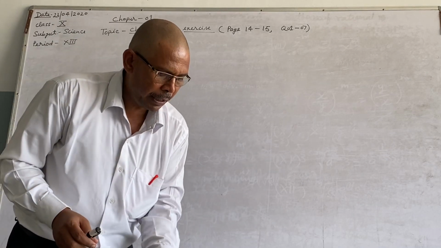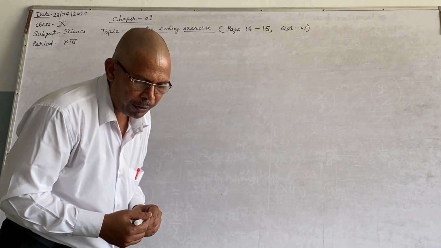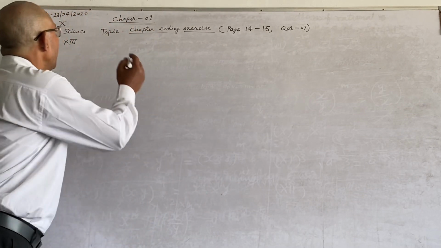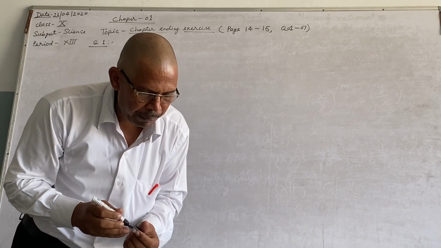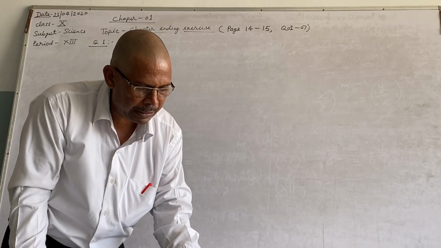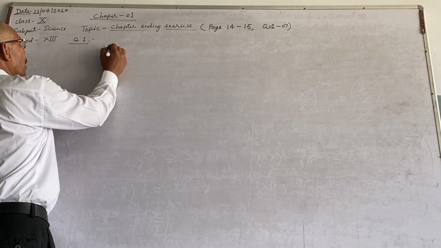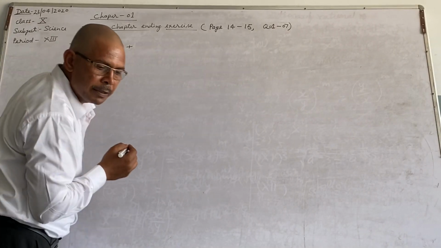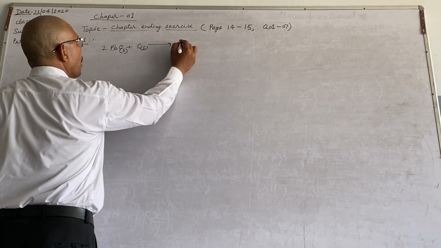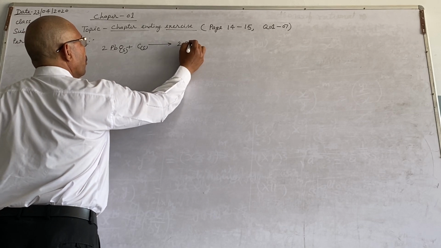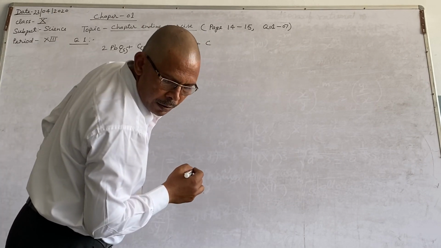See question number 1. Which of the statements about the reaction below are incorrect? 2PbO plus carbon gives 2Pb plus CO2.